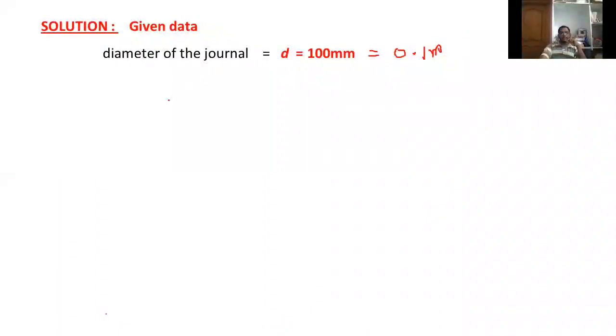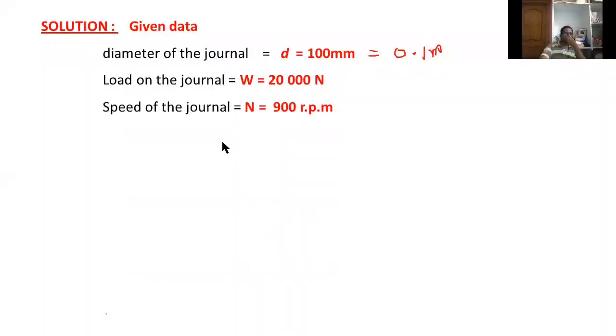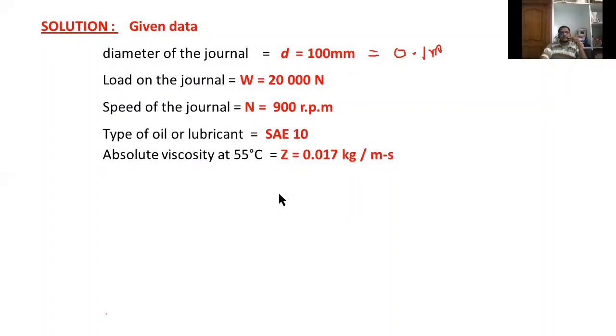The load on the journal, W, is also given. Speed of the journal N equal to 900 rpm, and type of lubricant equal to SAE 10. Absolute viscosity, that is Z, is given.